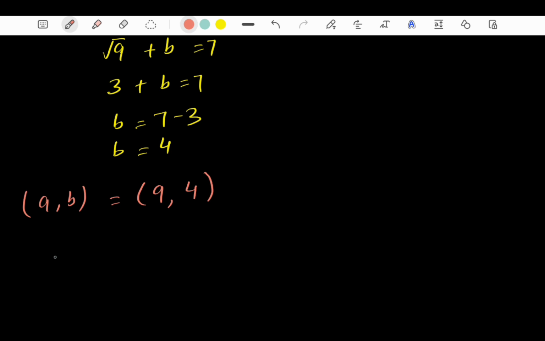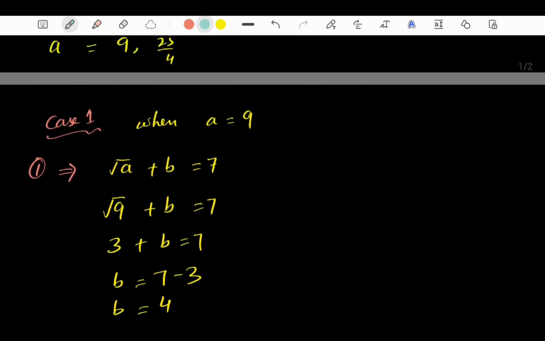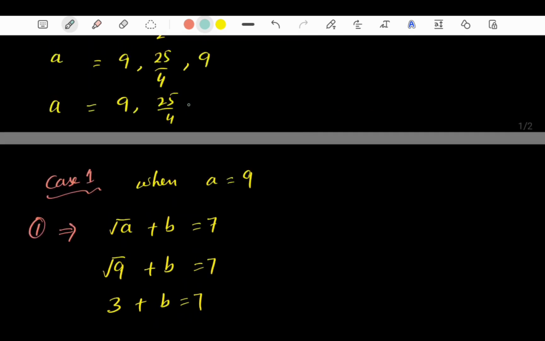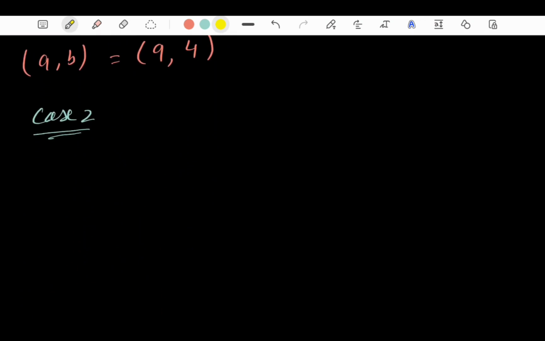Now we go towards case 2. Case 2 is when a is equal to 25 by 4.